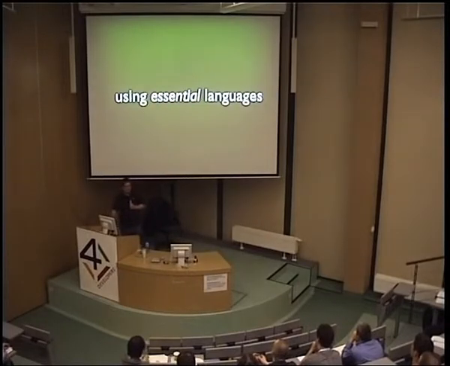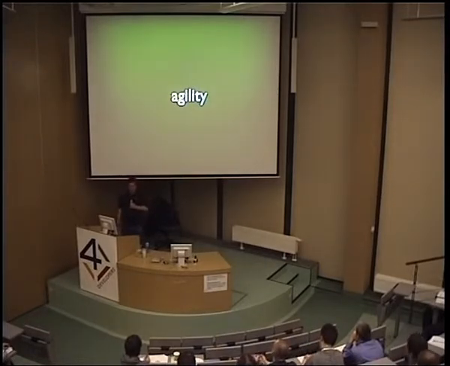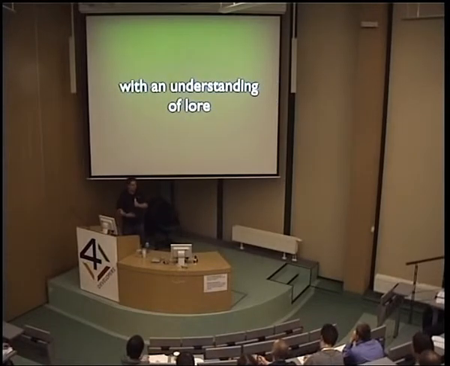There's been a bunch of talk about those today. There's Ruby, there's Groovy, there's Python, there's Scala, all of these modern languages that don't suffer from some of the deficiencies of the decade-old languages. And using proven development techniques like agility, with an understanding of lore.